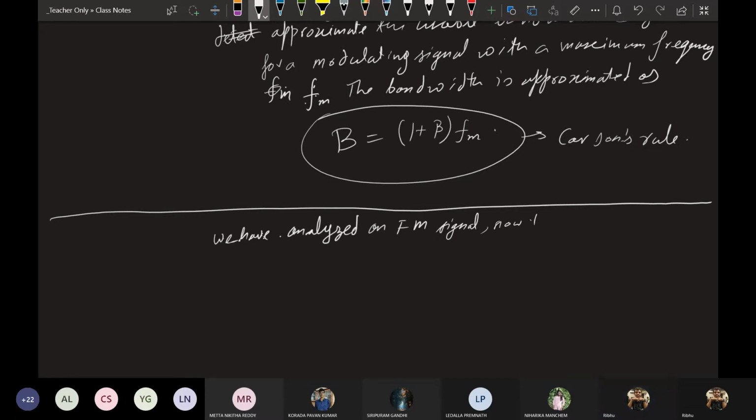Now the question is how to generate an FM signal.